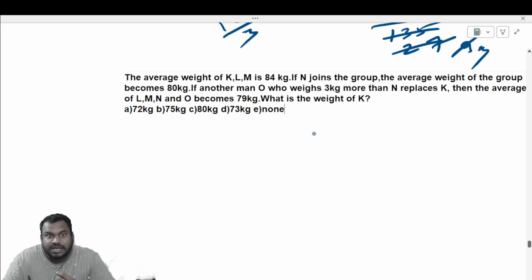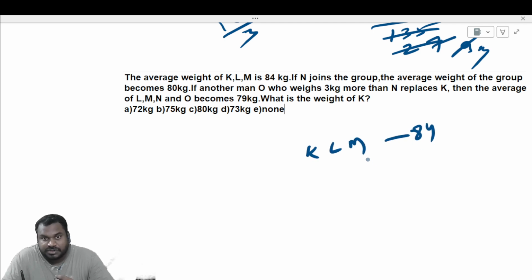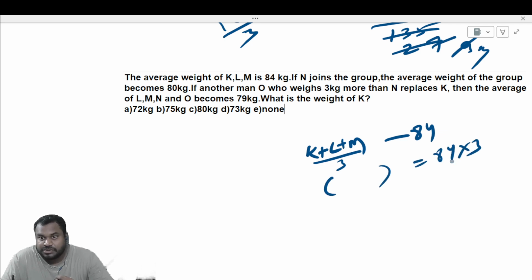See, the average weight of K, L, M is 84 kg. So it means K plus L plus M by 3 is equal to 84. For this, the total weight of K, L, M will become 84 into 3. The same way, if N joins, their weight will become K plus L plus M plus N is equal to 80 into 4.